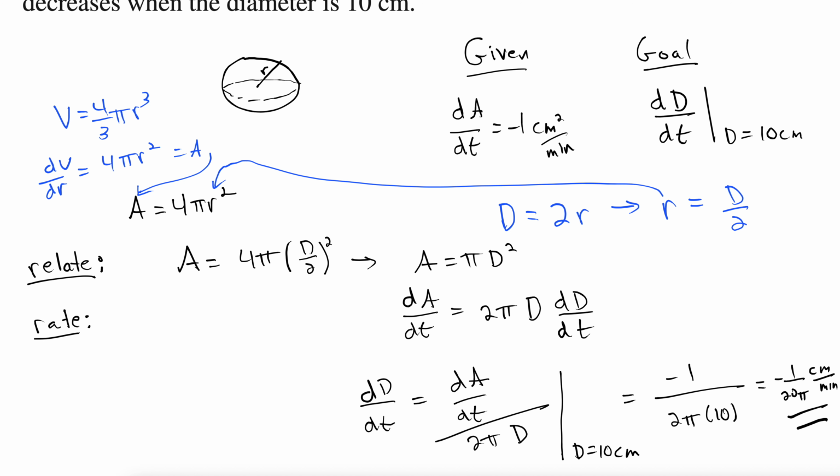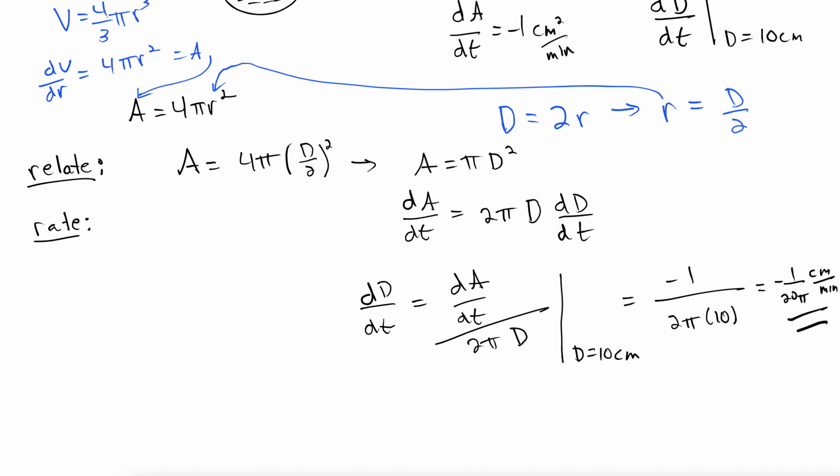One interesting point with this, let's imagine a snowball melting, so it's shrinking. dA/dt is constant, that's at -1. And look what happens to this rate of the diameter. So we're imagining this thing getting smaller and smaller. As the diameter gets smaller, since that's in the denominator, the rate that the diameter changes with respect to time gets larger.